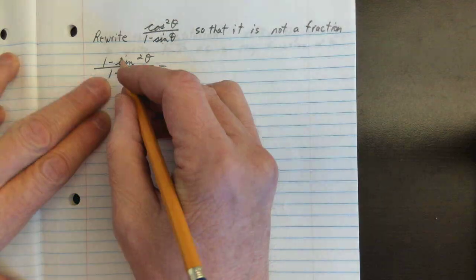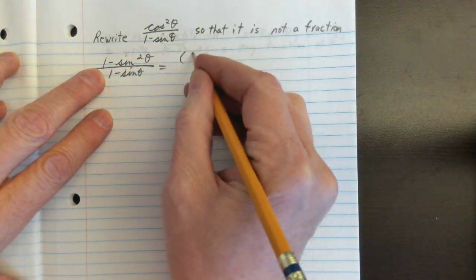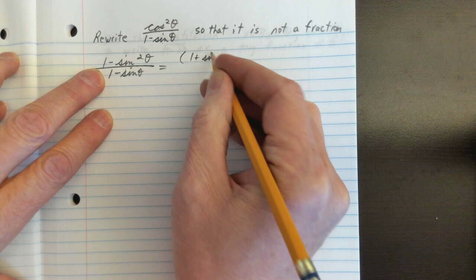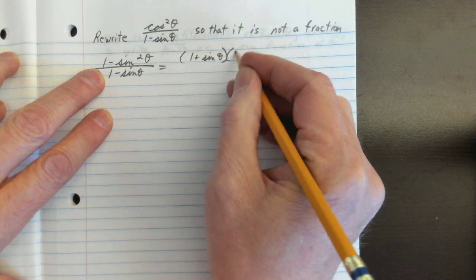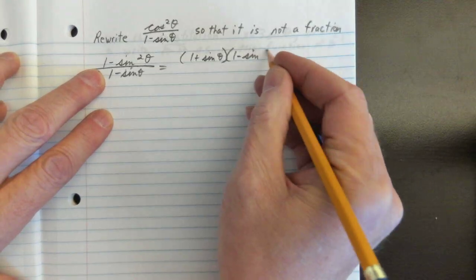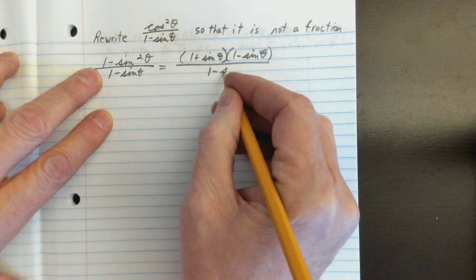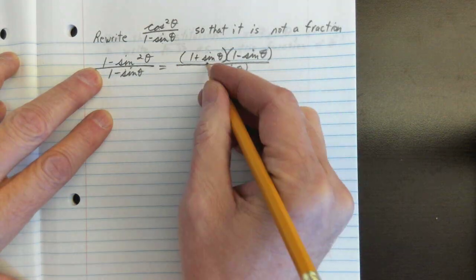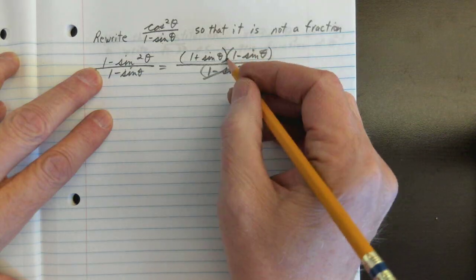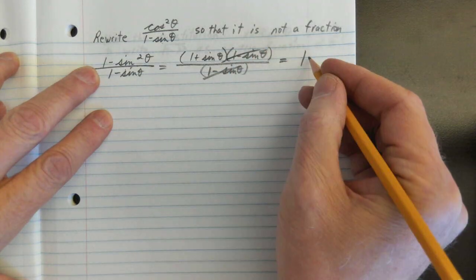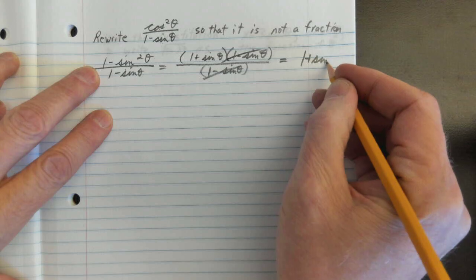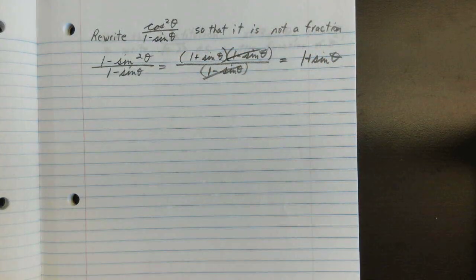I'm going to factor this difference of squares here. That's 1 plus sine theta times 1 minus sine theta over 1 minus sine theta. Those will cancel, and that is 1 plus sine theta.